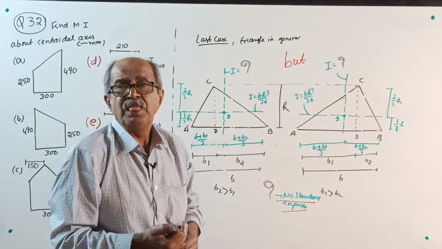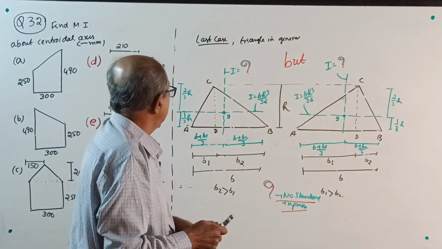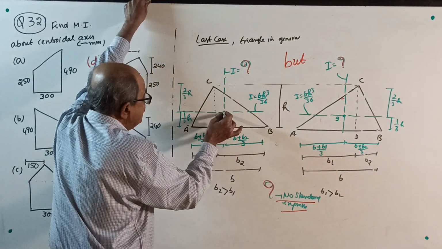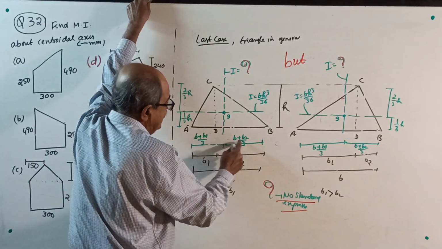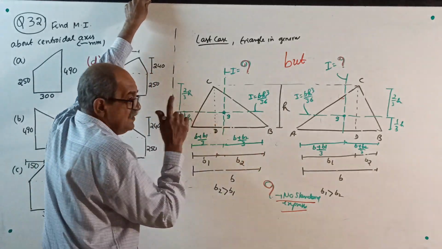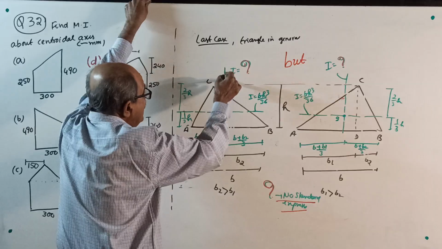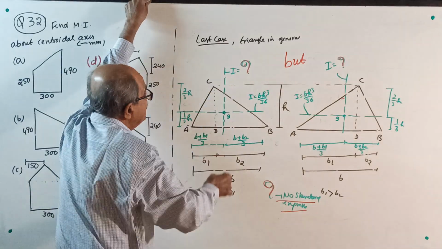So what to do? Even if you locate this centroid by B plus B1/3, B plus B2/3, the problem will come to find the moment of inertia here.